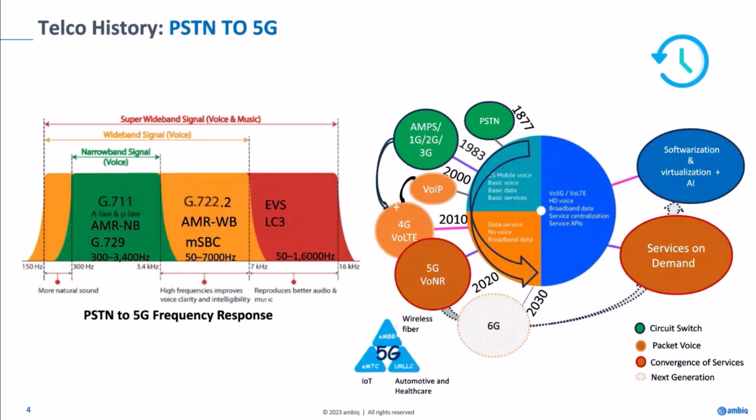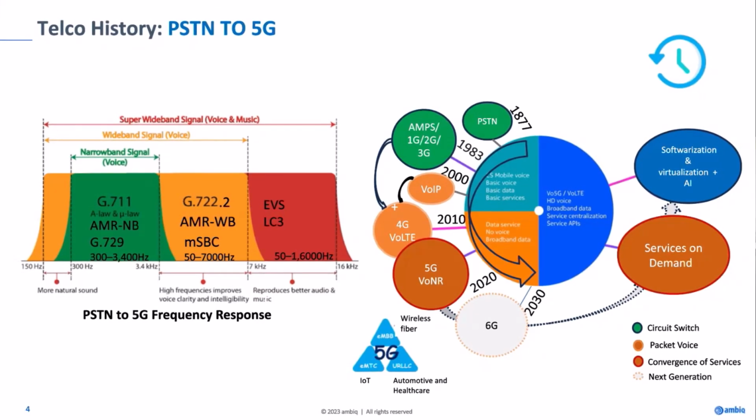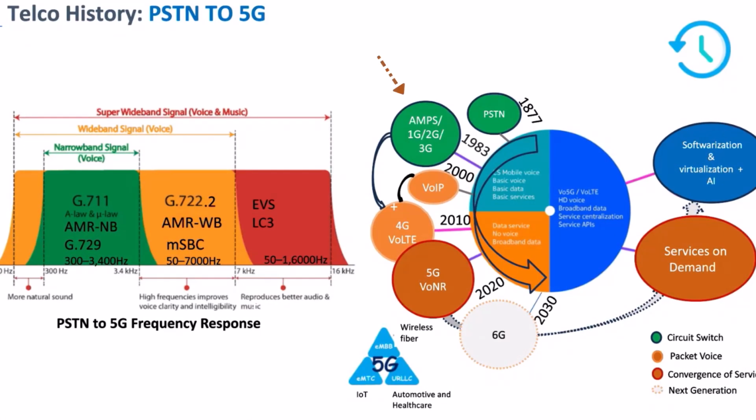That's about the endpoints. Now let me give you a brief history on the network side and the speech coding side. Let me start with the network on the right side. The first PSTN network was commercialized in 1877. The very first commercial 1G phone started in the 80s when Motorola in 1983 built the very first cell phone.